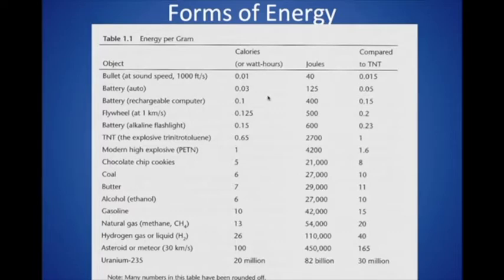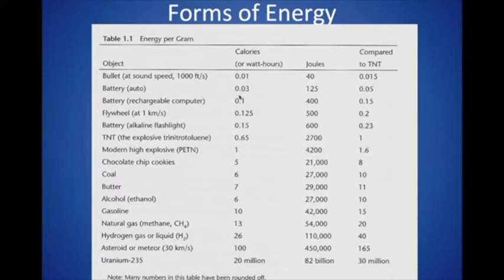Okay, this is a table from the textbook. It gives some different forms of energy. We're actually looking at the energy per gram for various objects. And these are arranged in order from low density to high energy density. Notice a moving bullet has a fairly low energy per gram.